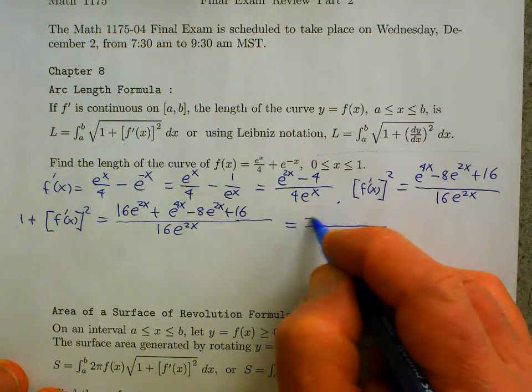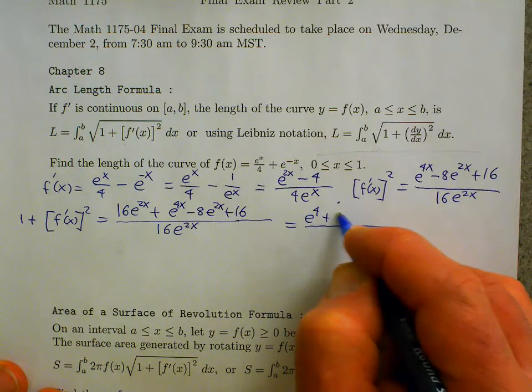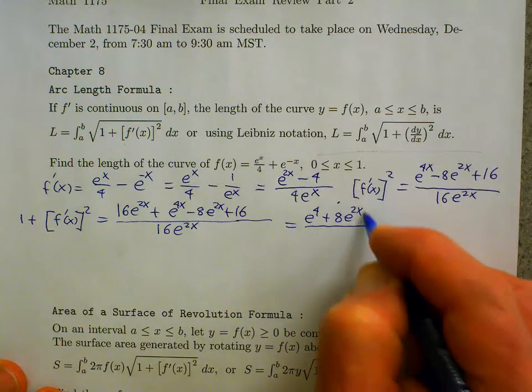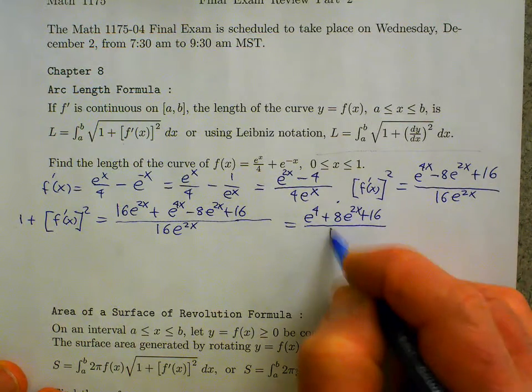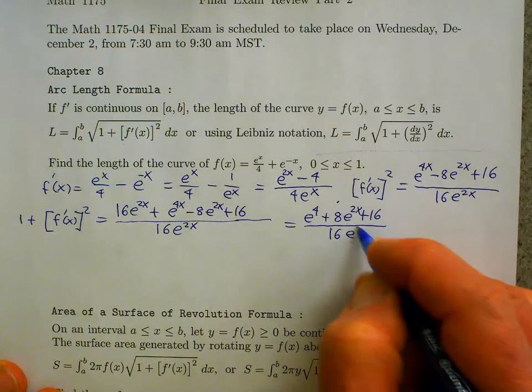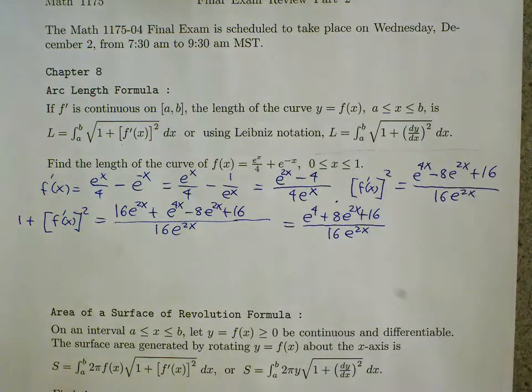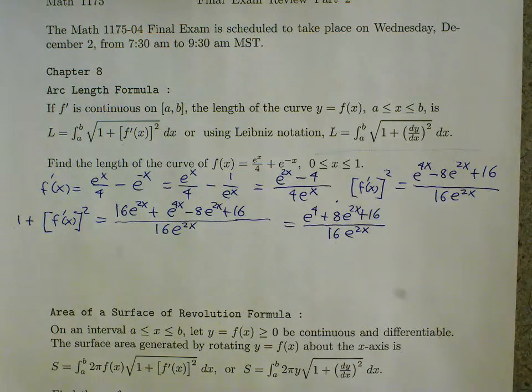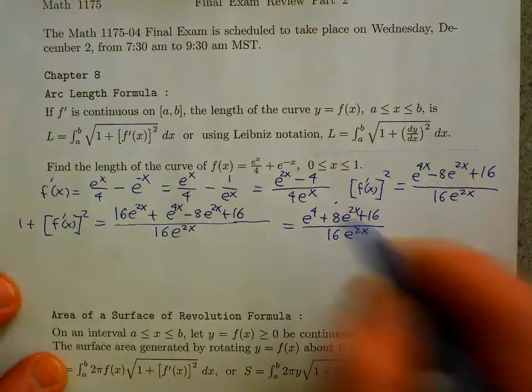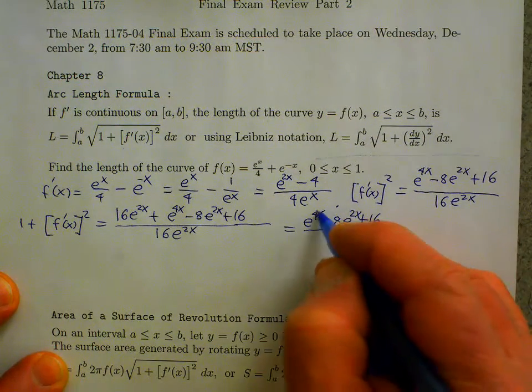So we're going to get e to the 4x plus 8 e to the 2x plus 16 over 16 e to the 2x. Okay, this is what's going to go inside the square root. And question, would that be e to the 4th or e to the 4x in the numerator? Oh, you're right. E to the 4x. Yeah. Thanks, just making sure.